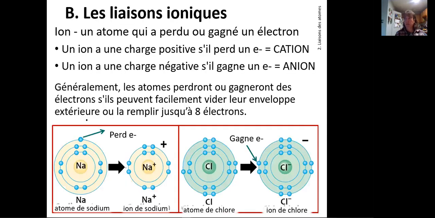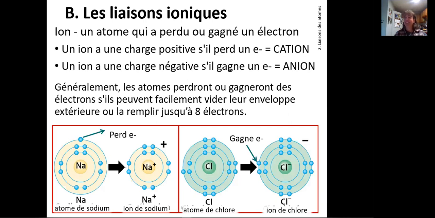The second type of bond we're looking at is ionic bonds. An ion is an atom that has lost or gained an electron. An ion has a positive charge if it loses an electron, in which case it is called a cation.